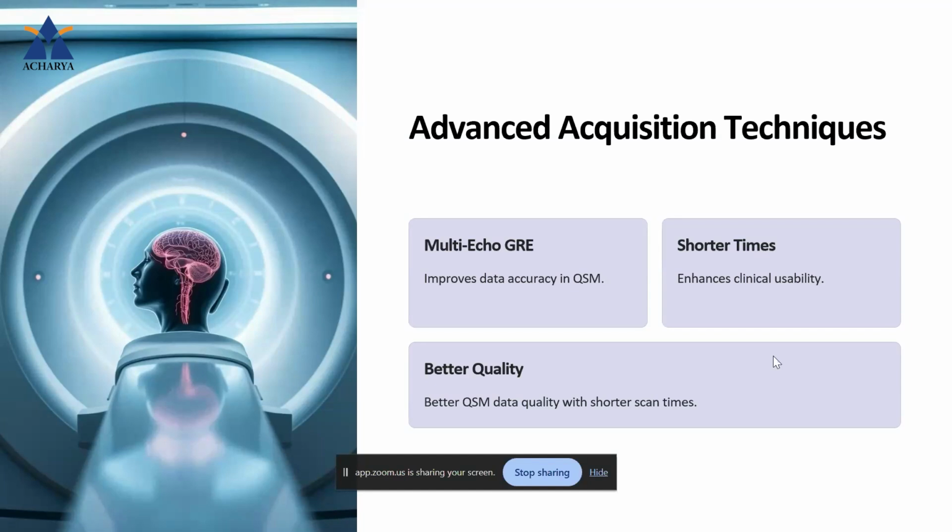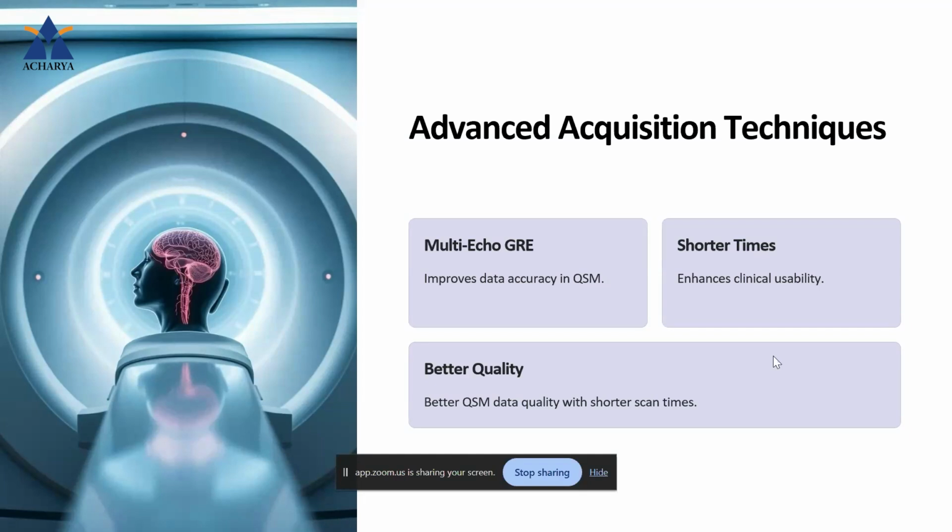So better QSM data quality can be acquired with the shorter scan times, and also we can acquire with the higher resolution GRE sequences. By the use of higher resolution GRE sequences, we could get more detailed susceptibility maps. That will give the overall location of the abnormalities.